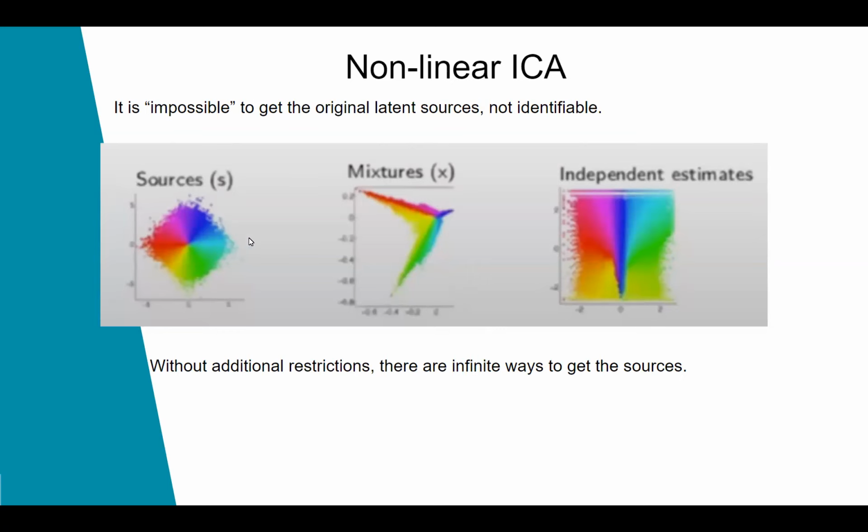We still have the original sources, but the mixture is not only stretched or rotated. Using traditional linear ICA algorithms, we cannot recover the original sources. It is not identifiable, since the results are infinite and you can get different kinds of results. This is the problem of nonlinear ICA.